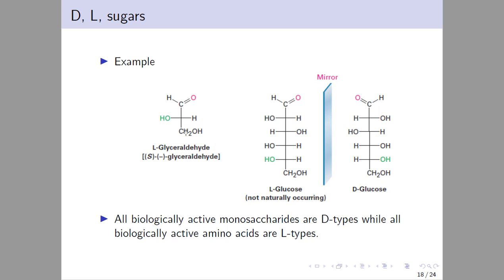But if it is L type, it will be passive. And all biologically active amino acids are L type, so when it is L type, it will be active. If it is D type, it will be inactive in the reaction or in the association with another type of molecule.